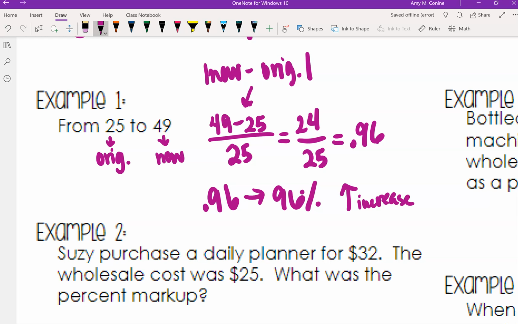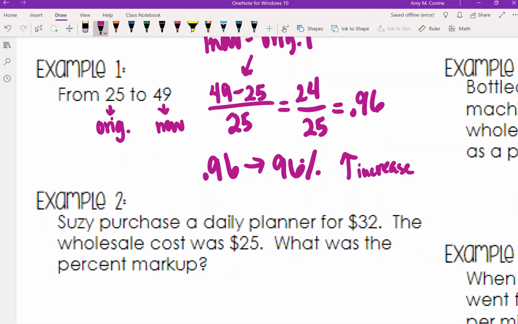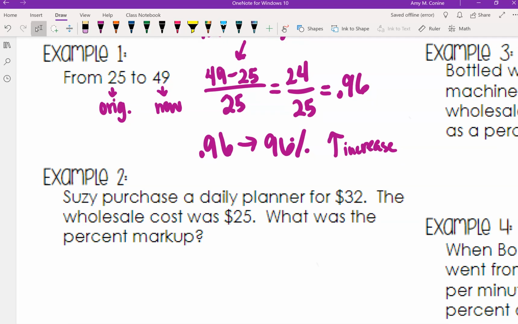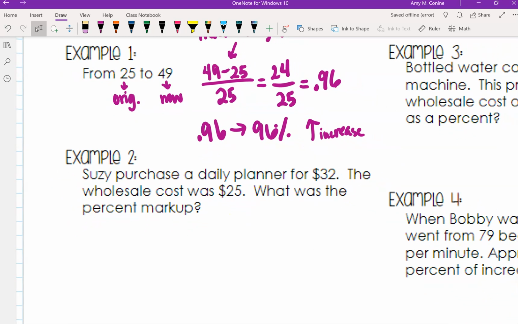Okay. So then example 2, Susie purchased a daily planner. The wholesale cost was $25. What was the percent markup? So wholesale cost means the store is buying it cheaper from someone else. So the original price, I'm going to put an O. So the original price was 25. Your new price is 32.